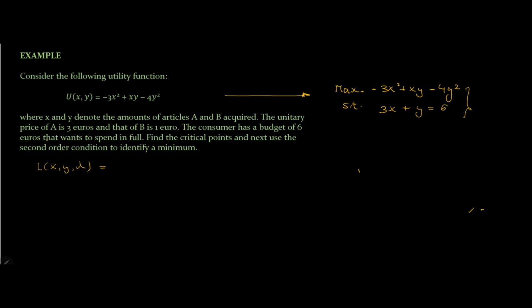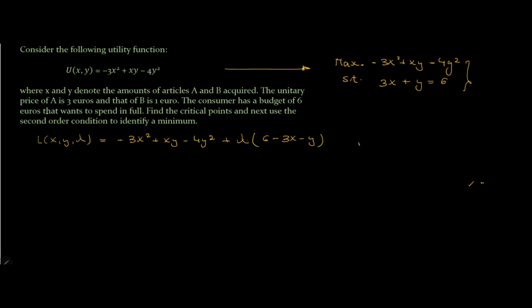So our Lagrange function is minus 3x squared plus xy minus 4y squared plus lambda times the constraint, 6 minus 3x minus y.